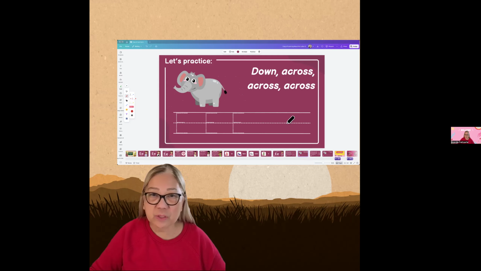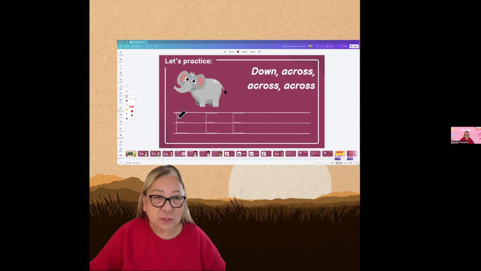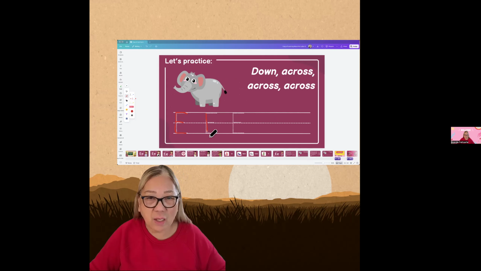Now, let's practice writing the letter E. You have three lines, okay? Down, across, across, across. So you have to use the three lines. Down, across, across, across.